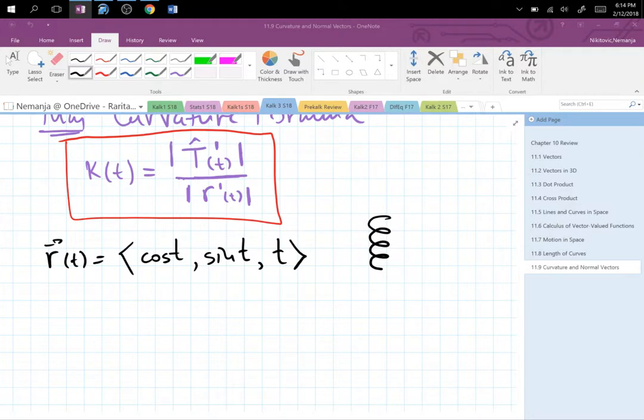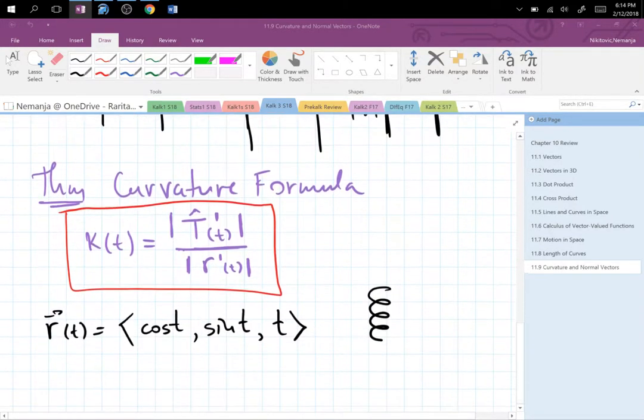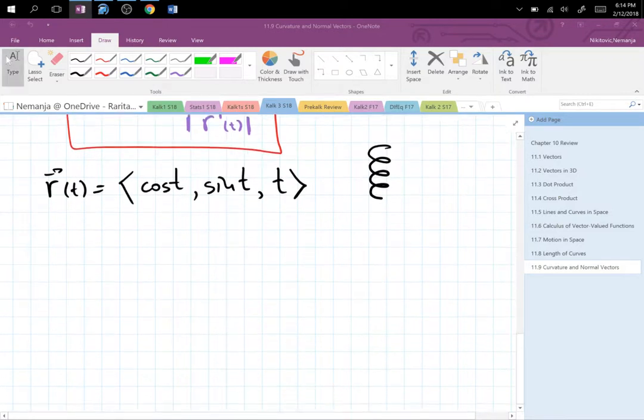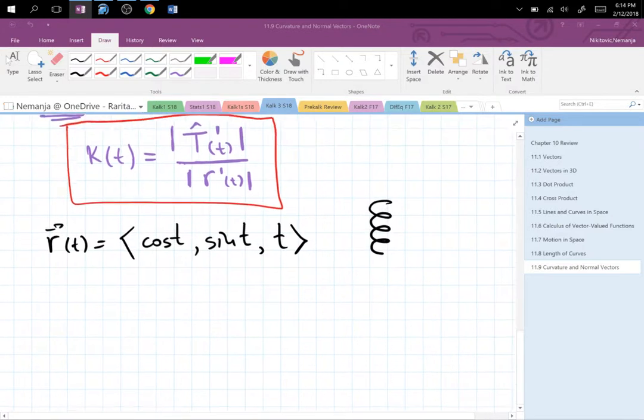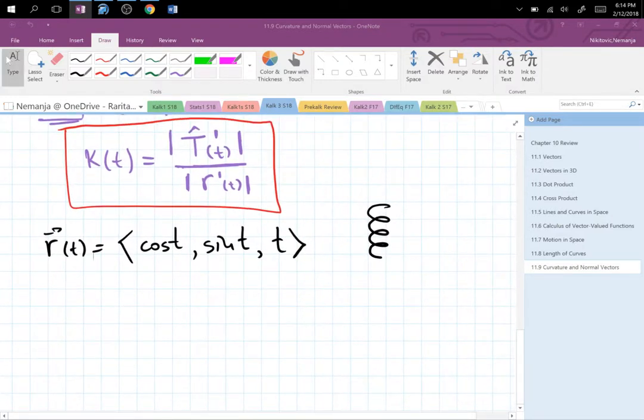So, can you scroll up, please? Yes. This is all gone. I'll fill it in while you guys do this example. So you have the formula, and go ahead, find r prime, then find T, then find its derivative, plug everything in, and be done. I have to go back and fill in the stuff that disappeared.